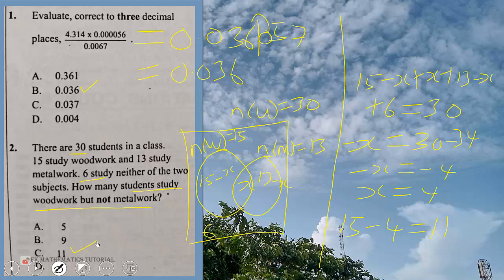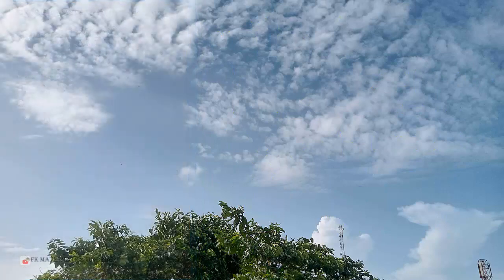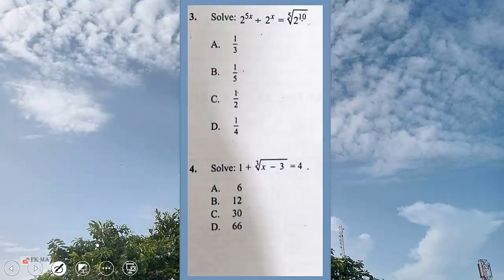Now let's look at the next question, question number 3. We are to solve 2 exponent 5x divided by 2 exponent x is equal to the fifth root of 2 exponent 10. So since they have the same base and they are dividing, we subtract the exponents.